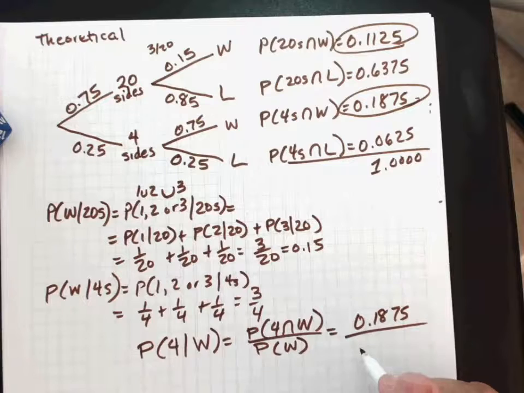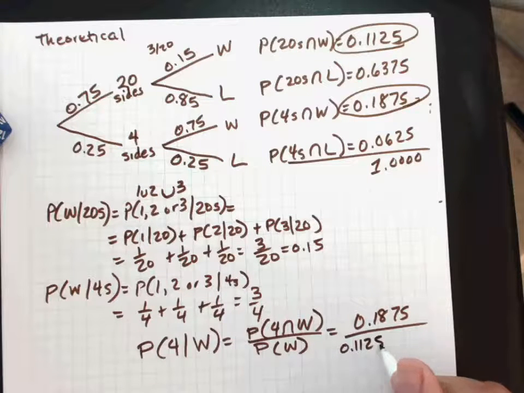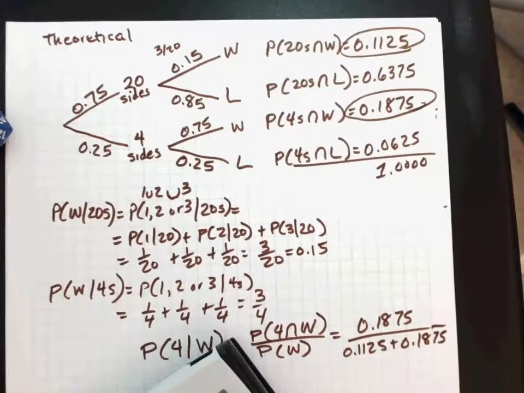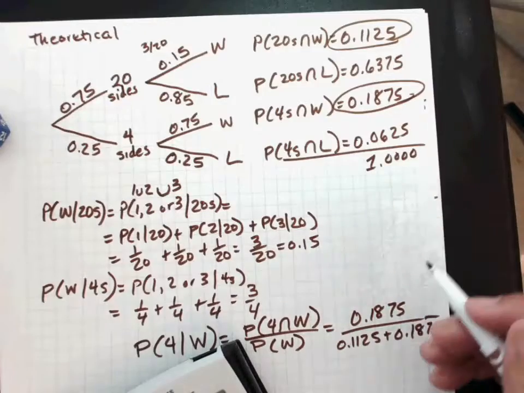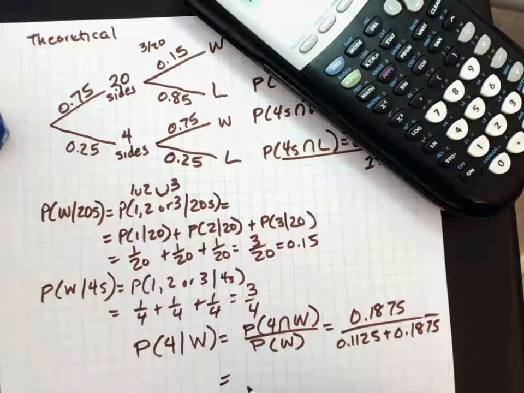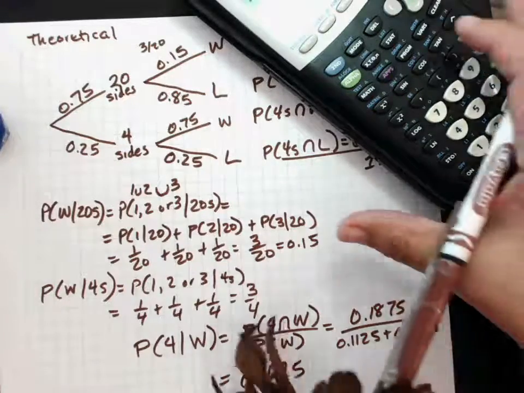Well, I could just add those up. 0.1125 plus 0.1875. And do the math. You can see it should be pretty high. I'm getting 0.625. All right? So about 62%. It's a little bit higher than what we saw in reality.